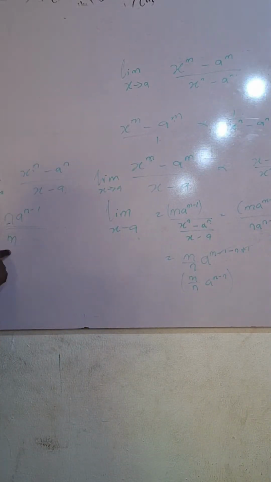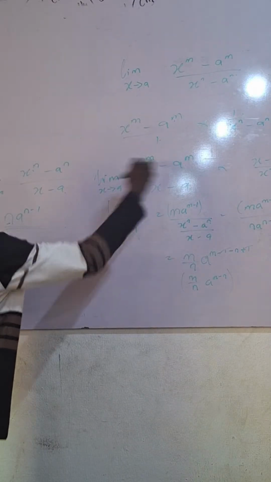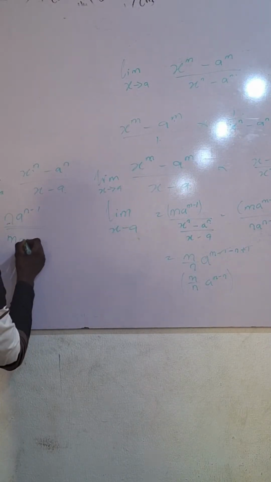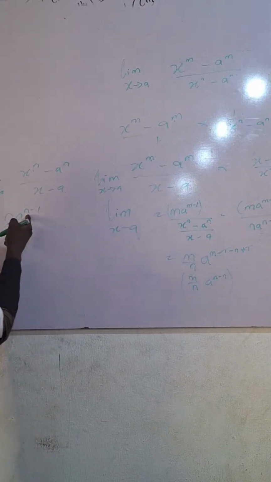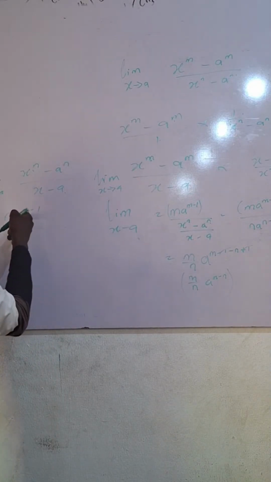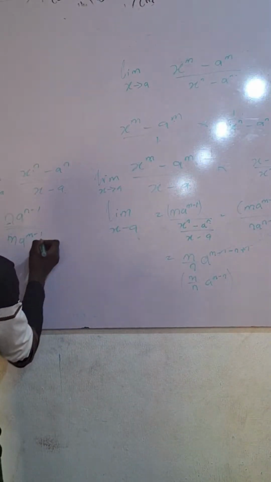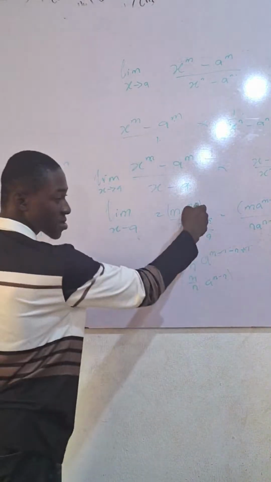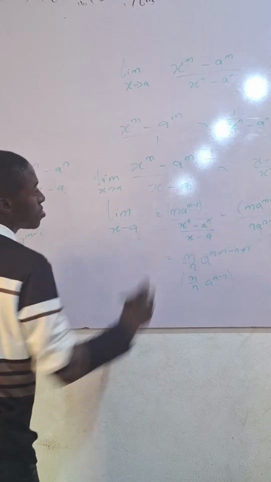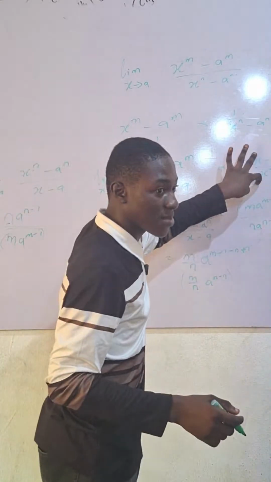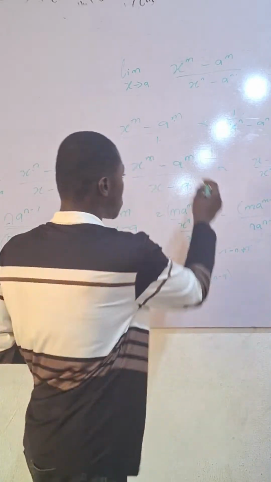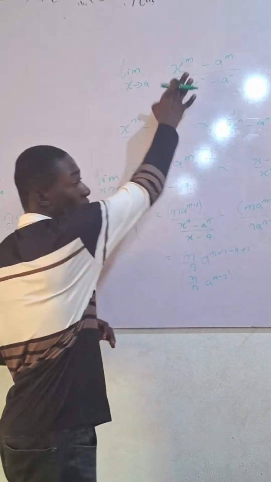Then a is the same thing here, so I can write a. Then the formula has n minus 1, but in this case I'm dealing with m, so this will be m minus 1. This was how we got to this first part. You get? You understand how we got this: the terms cancel out each other and we get back to the original question.